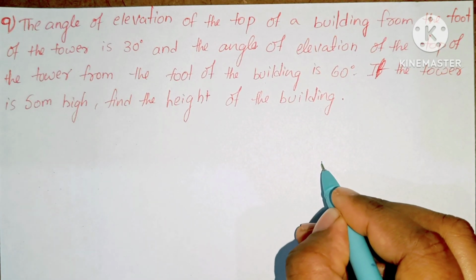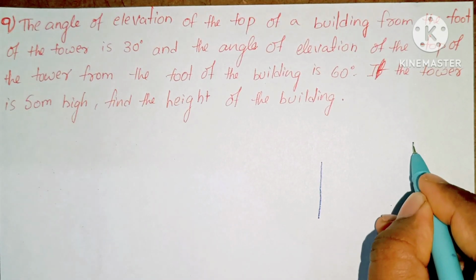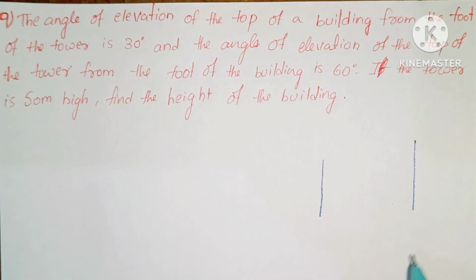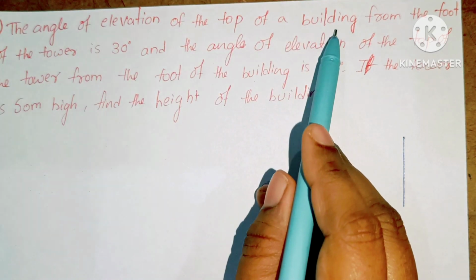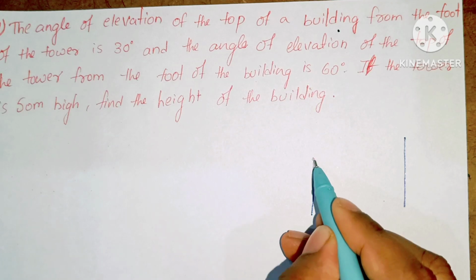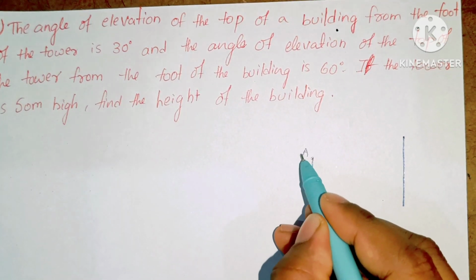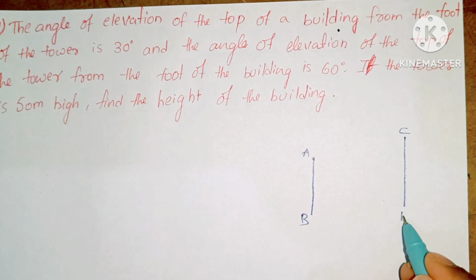There was a building and tower. Okay. So see here, the angle of elevation of the top of a building from the foot of the tower. So this one is the building. I kept building as A, B. This one is the tower.